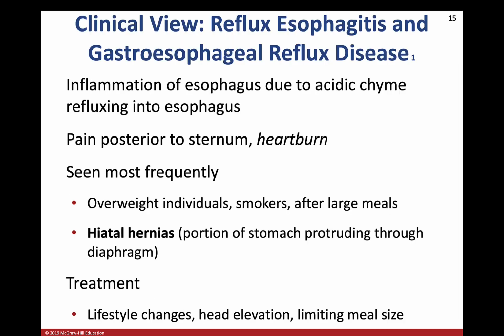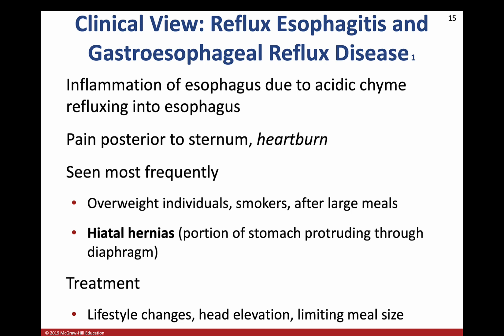Now, many of you probably experience gastroesophageal reflux disease, or GERD, and this is due to inflammation of the esophagus from the acidic chyme that makes its way back into the esophagus. Generally, this appears as pain posterior to the sternum, so quite often it's called heartburn.